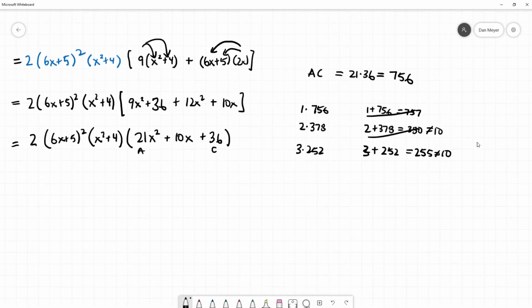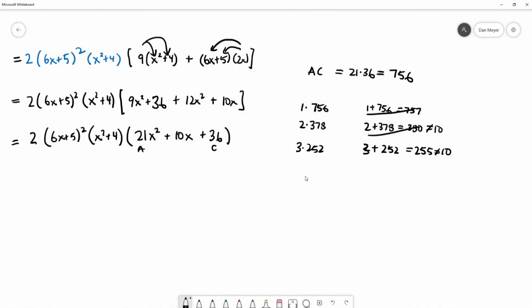I'm going to run out of space. It's also divisible by 4. When I take 756 divided by 4, I get 189. 4 plus 189 is 193, which is not 10.